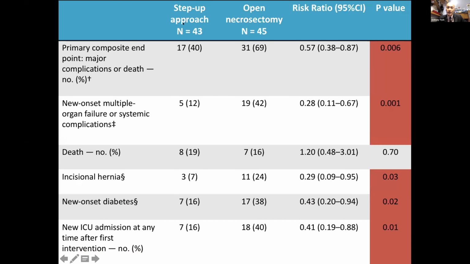With the step-up approach, the percentage of patients suffering from major complications or death was significantly less than the open approach. The presence of new onset multi-organ failure is again significantly less. Incisional hernias, new onset diabetes, and also new ICU admission were also significantly less in the step-up approach.